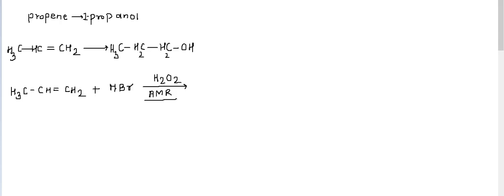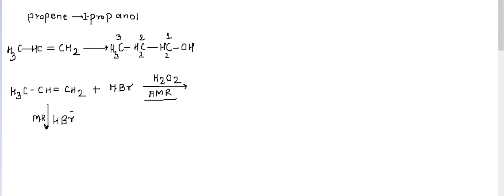See, why I have chosen anti-Markovnikov's rule: whenever any functional group is getting added to one position, this is first carbon, second carbon and third carbon. If a functional group is getting added to the first carbon, it means the functional group should be at the first position. If I add HBr without H2O2, Markovnikov's rule will get applied.